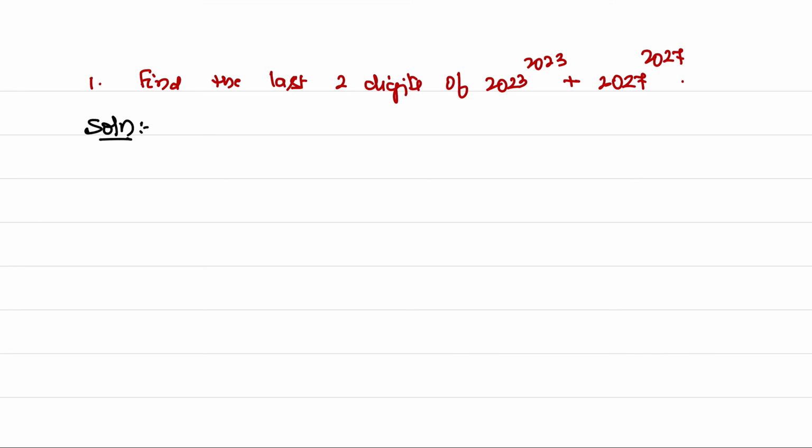When you divide by 100, what will be the remainder? Let us say the given question is, let us say x is equal to 2023 to the power of 2023 plus 2027 to the power of 2027.